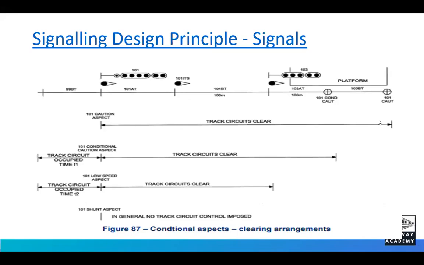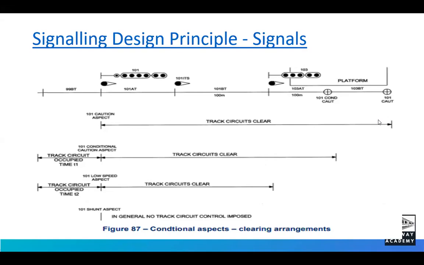Depending upon the overlap, for the 101 signal, the overlap is beyond the 103 signal, and beyond the 103 signal they have got two overlaps. One overlap is for 101 conditional caution, the other is for 101 caution. That is, one is called reduced overlap, the other is called full overlap.